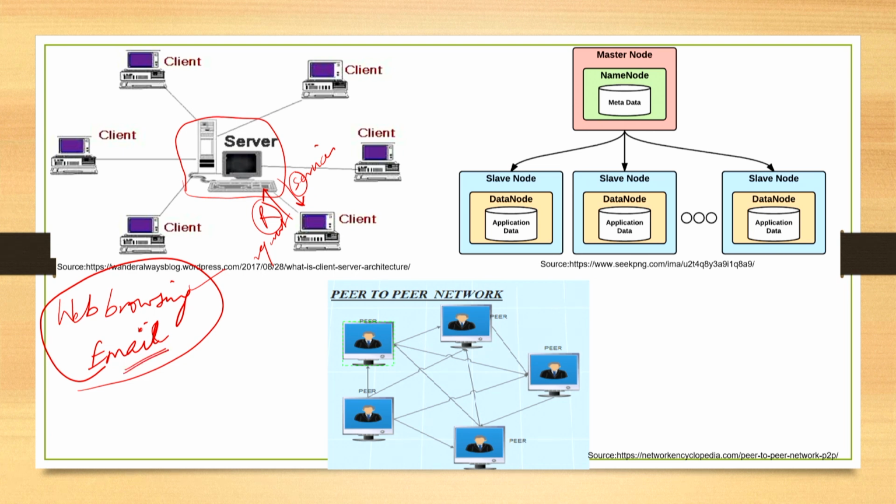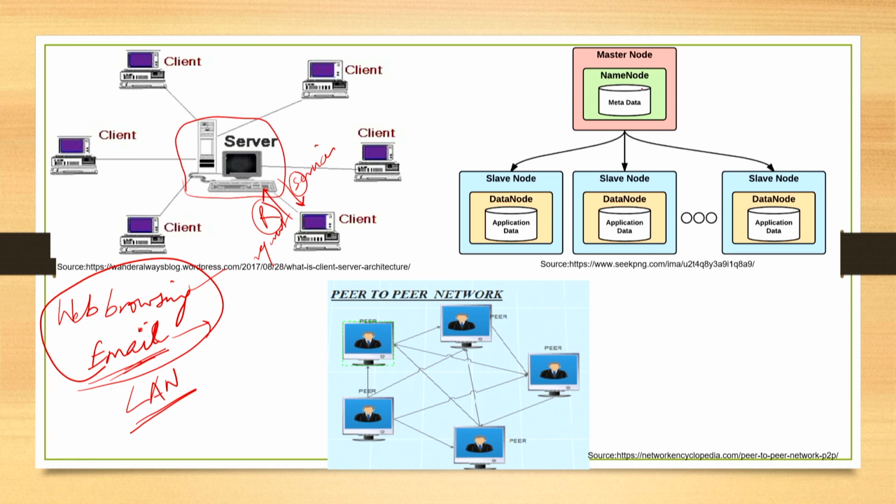You are sending a request to the server of Gmail, and then you log in and write some mail, and that request is sent to the recipients to whom that email should be reached. So, it communicates over the LAN, that is the local area network.